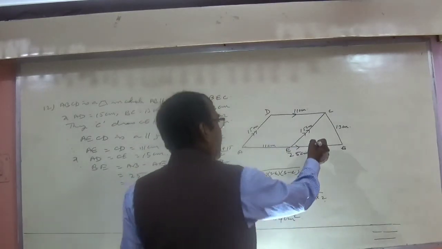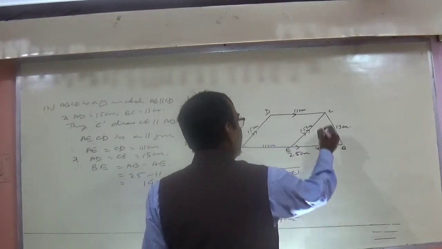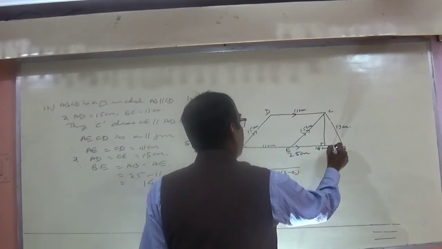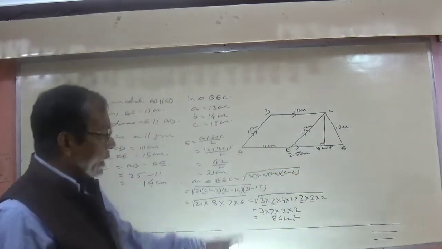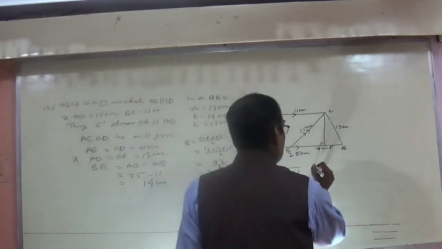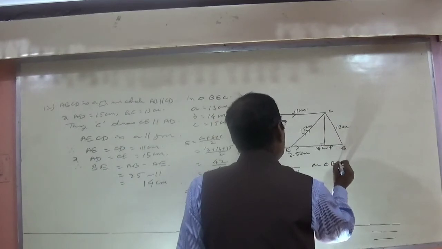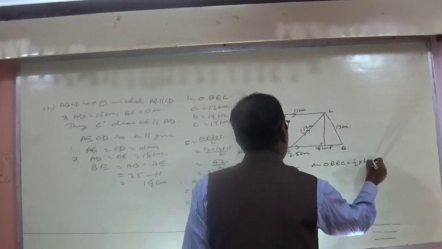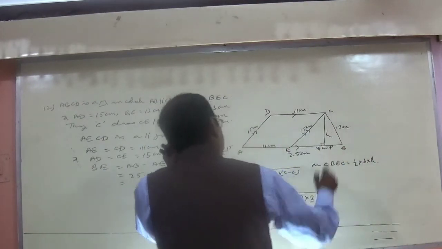Now actually our aim is not to find out the area of triangle BEC. Our aim is to find out the height, that is CP. So now again use the formula, area of triangle BEC is half into base into height. This is the height.